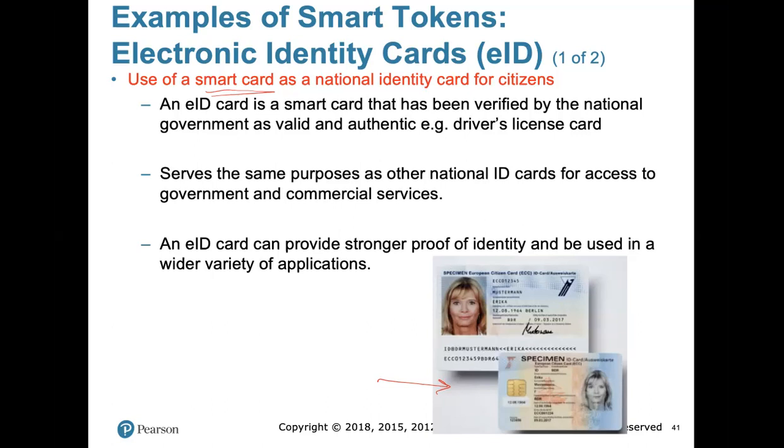For example, driver license cards might be seen as an EID card, and the other physical properties of the card are mostly similar to smart cards. You have a chip, you have some information embedded on the chip on the card, and the card may communicate with the authentication server in order to get the authentication done.